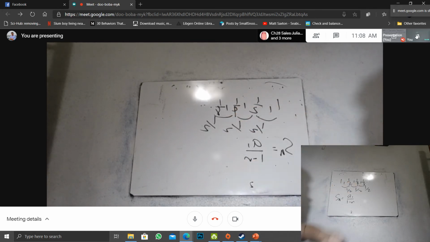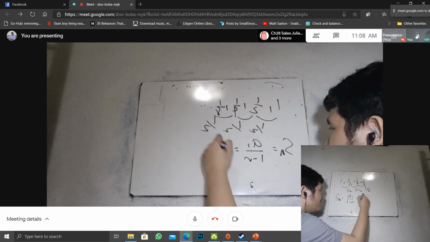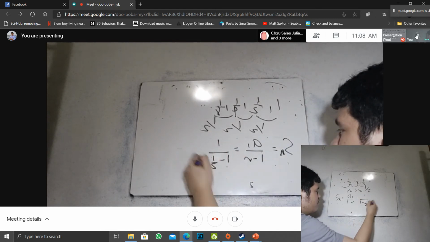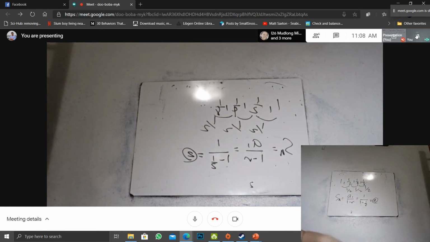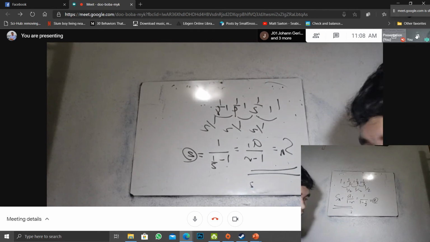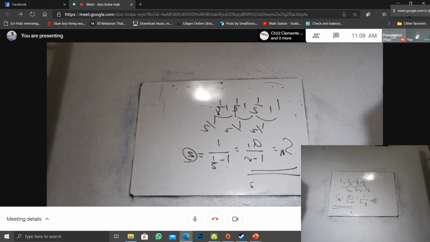Oh, 1 over 1 minus 1/2 equals 2. Yan lang. Sum of infinite geometric sequence. It's just this simple formula here. No? Okay. Before I go on, nakuha? Ito lang yung formula. Gets po. Okay, sige.